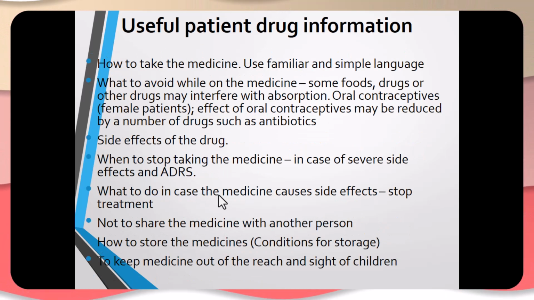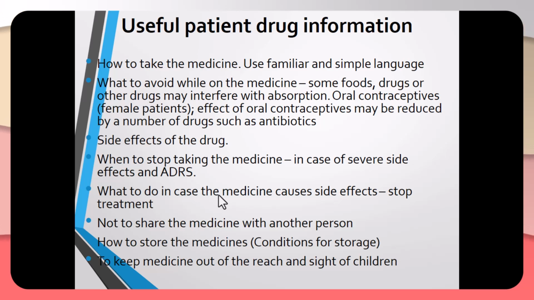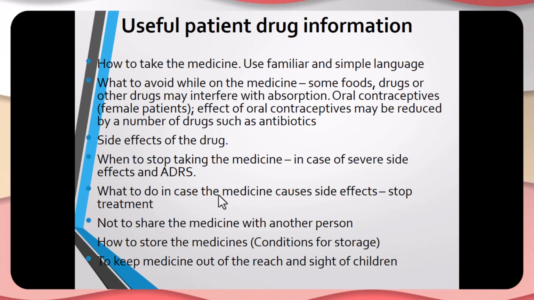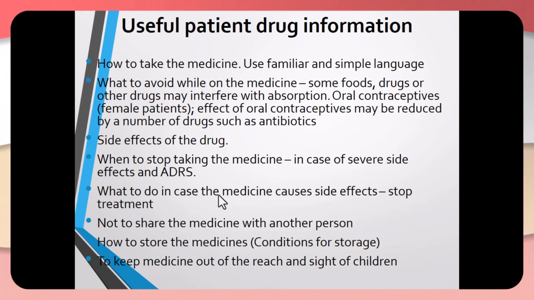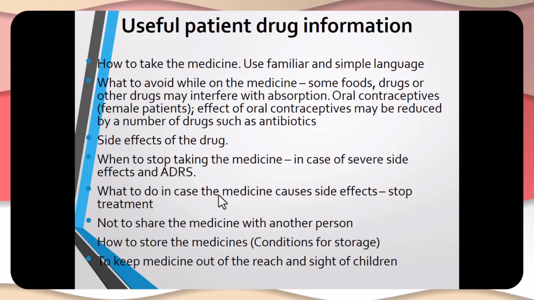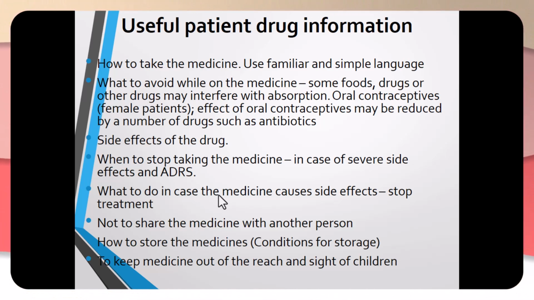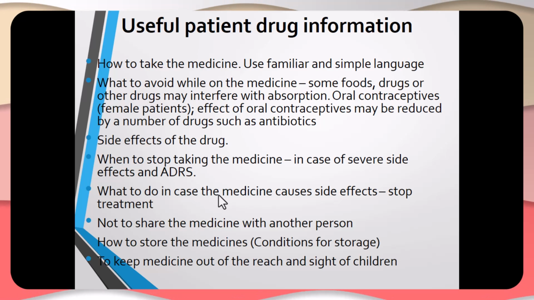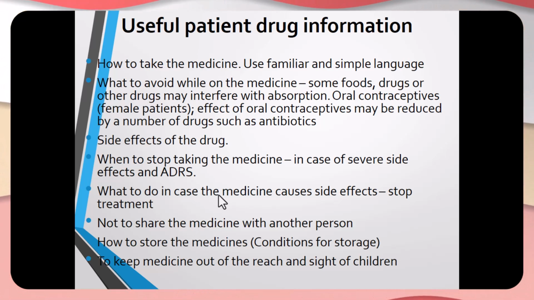So we are continuing with the useful patient drug information. You find that how to take the medicine, use familiar and simpler language when explaining how to take, and what to avoid while on the medication. There are some foods or other drugs that may interfere with the absorption.